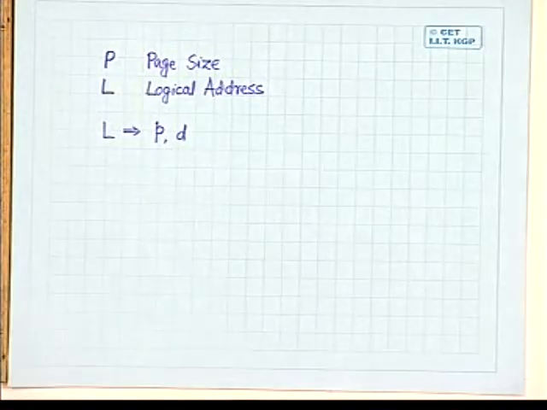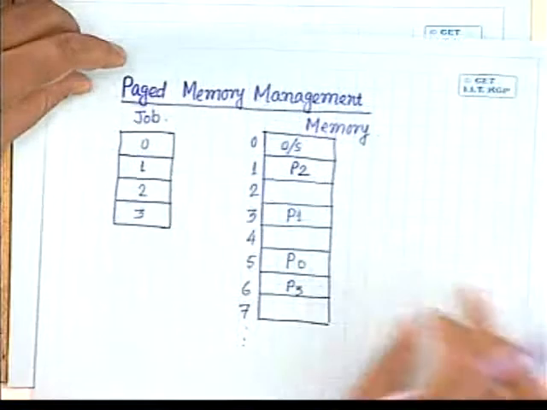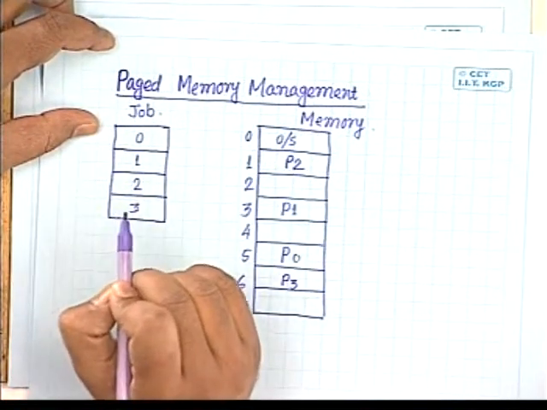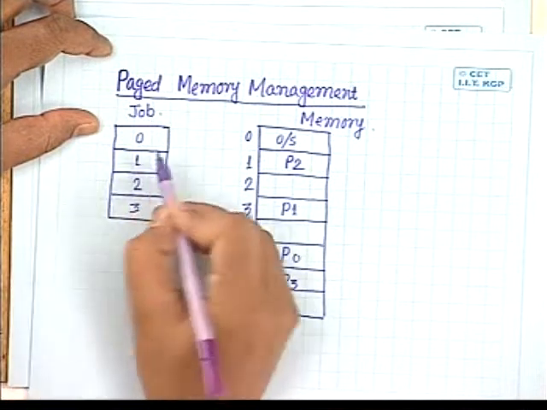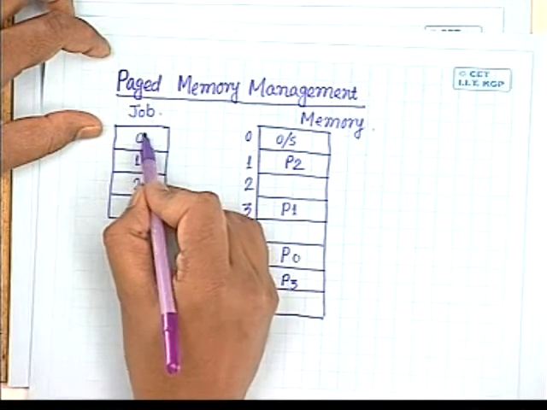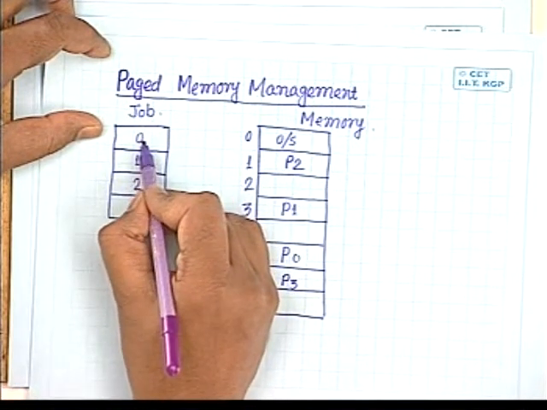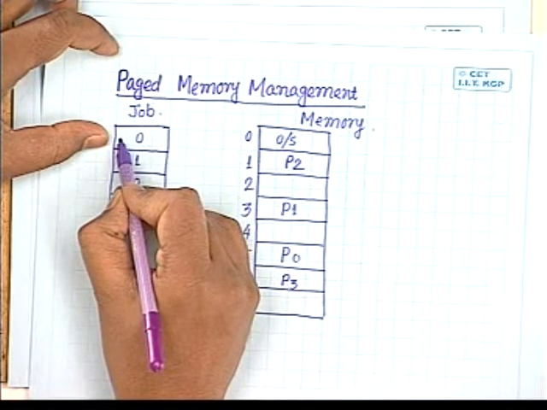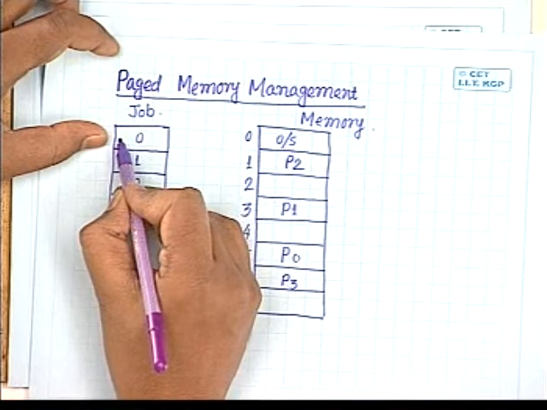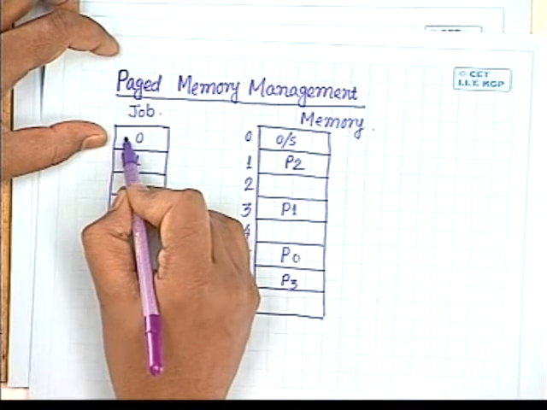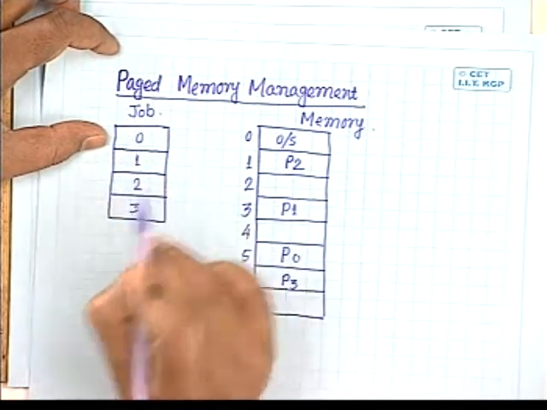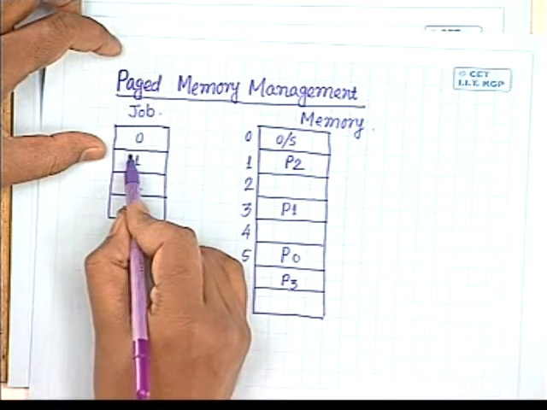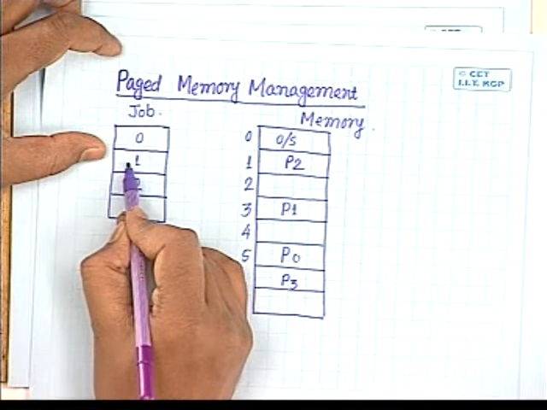For example, if every page size here is say 10 bytes and the CPU generates the logical address 5, then address 5 will be in page number 0 and the offset within page number 0 will be 5 only. If the CPU generates an address of 12, page size being 10, then logical address 12 corresponds to page number 1 and the offset within page number 1 is 2.